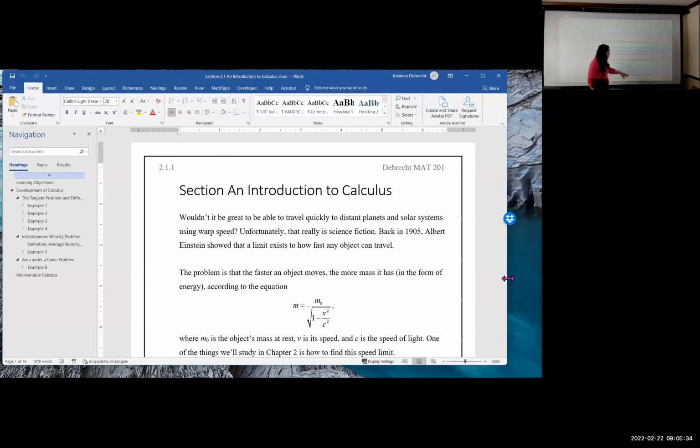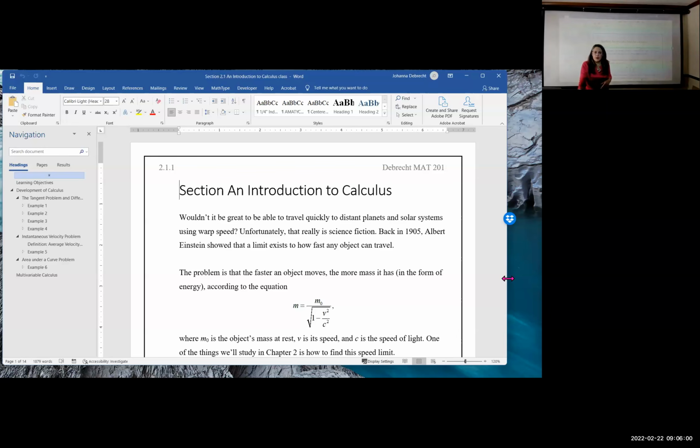And then v is your speed, and c is the speed of light. So as your speed increases, now normally our speed is slower, obviously, than the speed of light. So this becomes a proper fraction, right? And then when you square it, it becomes smaller. And then 1 minus that is still positive. So we end up with our actual mass.